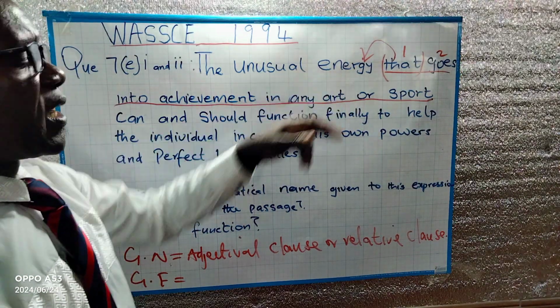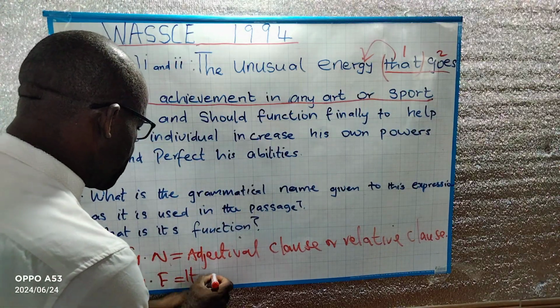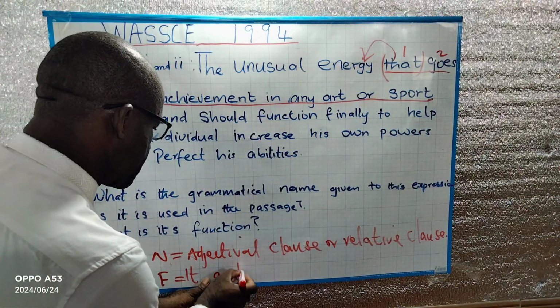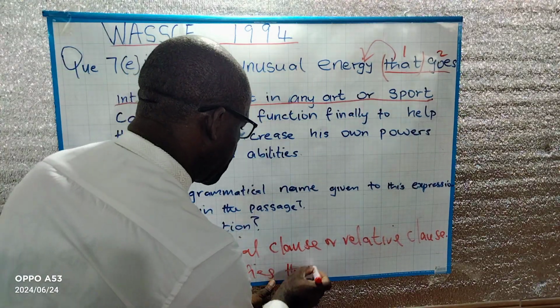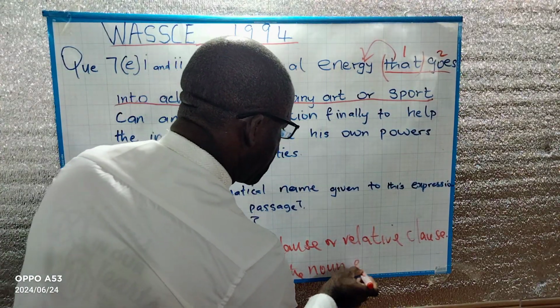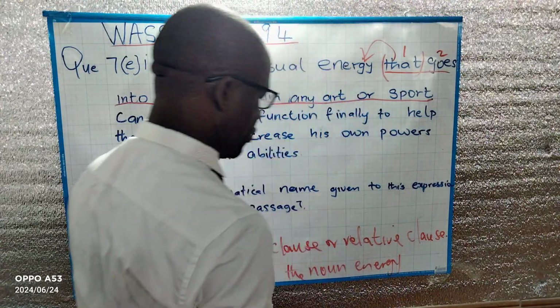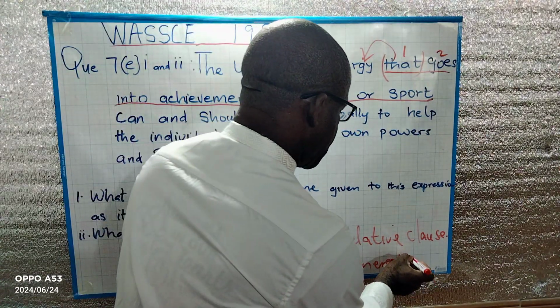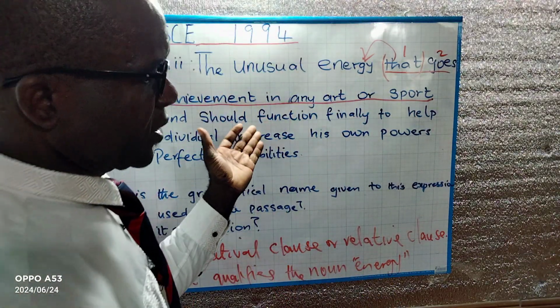Okay? So you can say therefore that it qualifies the noun "energy". Of course, as usual, we put them in inverted commas because we are taking it from the passage.